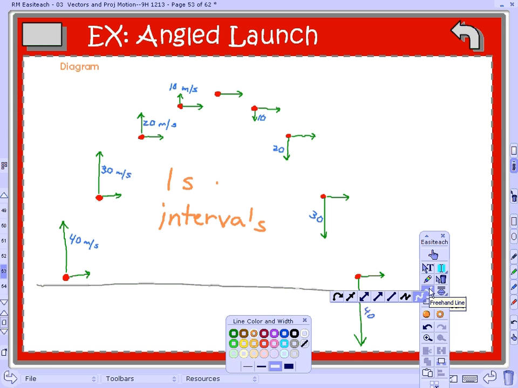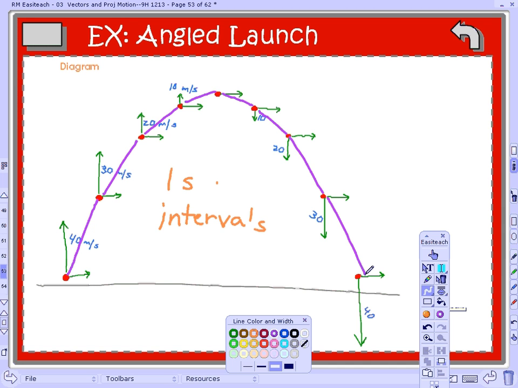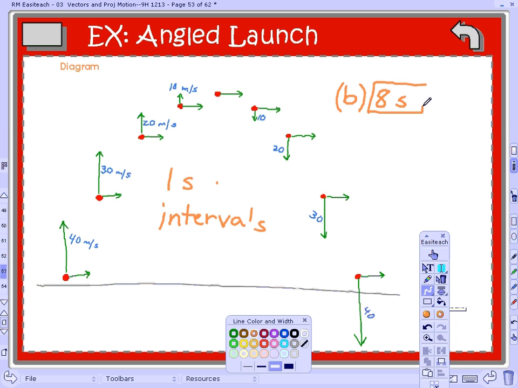So 1 second intervals, and if you simply look at the number of intervals, 1, 2, 3, 4, 5, 6, 7, 8 intervals. There are 8 1 second intervals, so I believe it was B, 8 seconds.